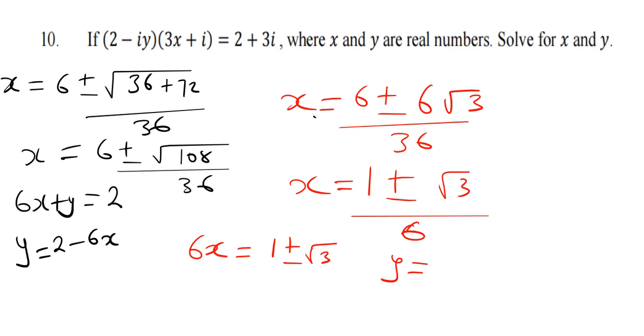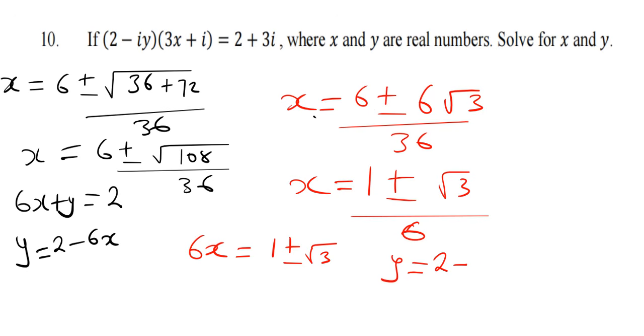So y is equal to 2 minus 6x, and the 6x in this case, x is equal to 1 plus the square root of 3. So I'm just going to replace there and you solve.